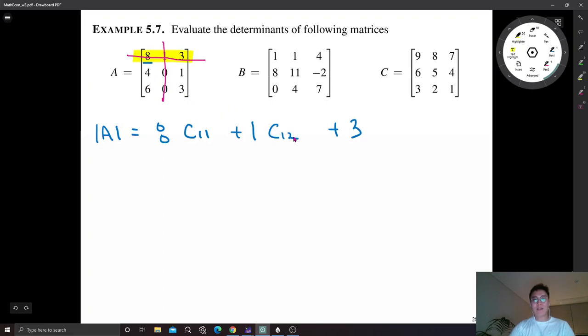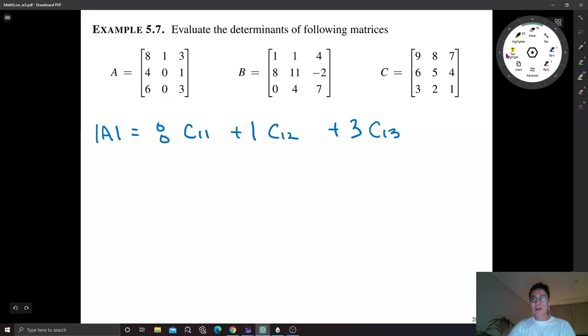And the corresponding cofactor to the number 3 is C sub 1, 3. So that is the determinant of matrix A. Now you can see that entails a very heavy computation. So it's always better to choose the column or row containing the largest number of zeros or ones.